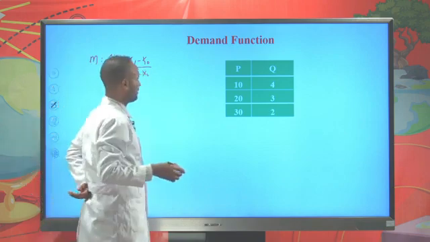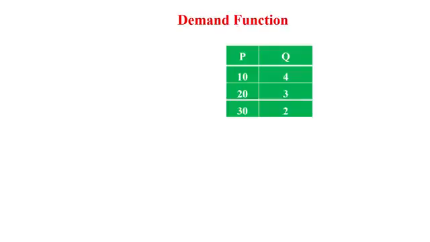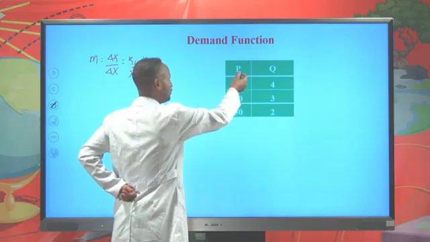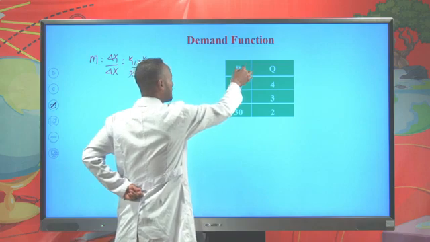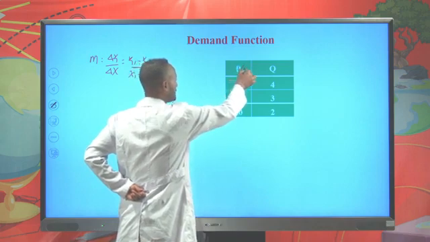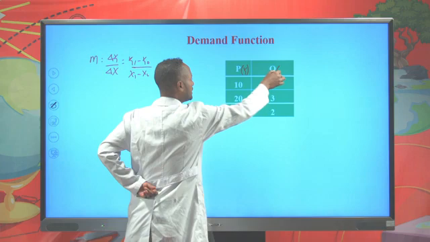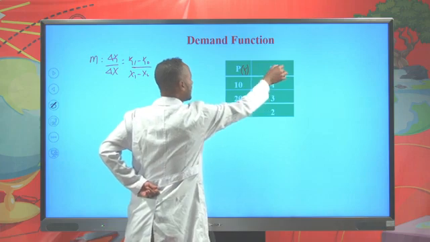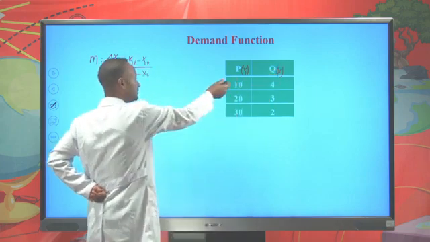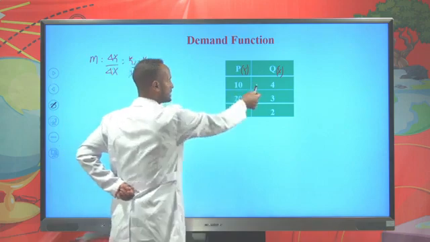Now from this information, by taking any two coordinates, we can calculate the slope of the demand function. While we plotted the demand curve, we represented the value of price on the y-axis and all the values of quantity demanded on the x-axis. Hence, we can take these values as y and these values as x.